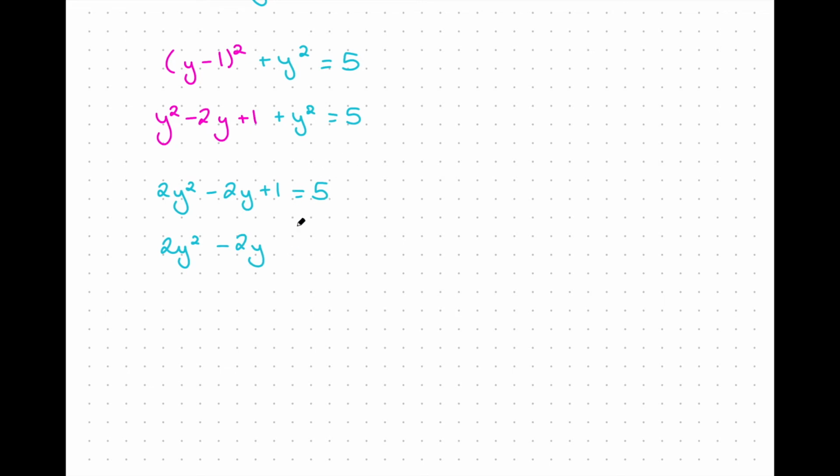Bring the 5 over, or subtract 5 from both sides, and you're going to get minus 4 is equal to 0. Before I try to solve that, I would actually make it easier on myself by looking for the common factor. And there is a common factor here, which is 2. Every one of those numbers could be divided by 2. And if I do that, I'm going to get a much nicer question, which is y squared minus y minus 2 is equal to 0.